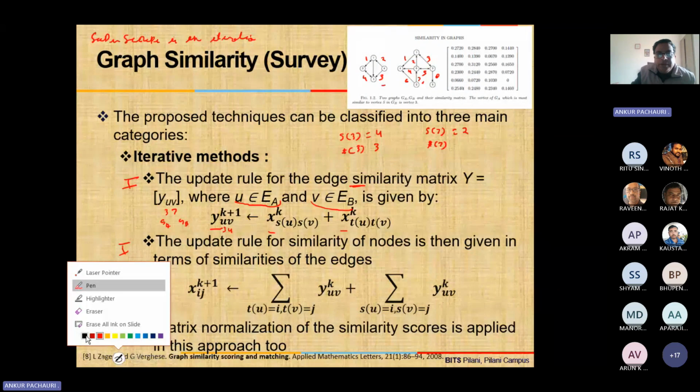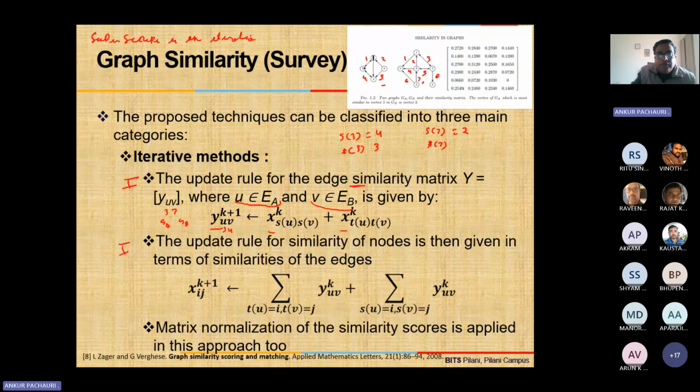Let me write it correctly to avoid any confusion. So target of 7 is 6. Okay. Now it is just the index values.